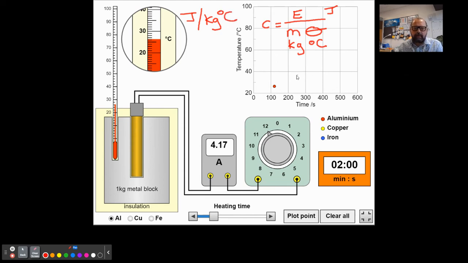So from my calculation here, I will be doing the specific heat capacity. The energy is volts times amps times time in seconds.